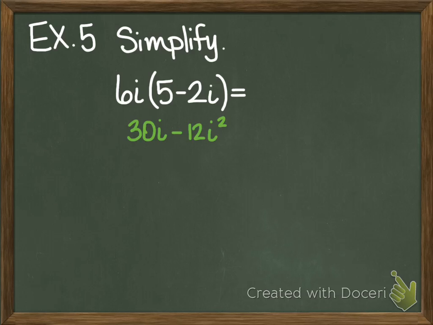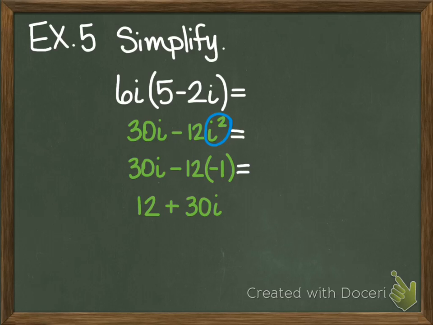Then if there's anything I need to simplify, I go ahead and do that. I notice i squared changes to a negative 1. So that's going to be 30i minus 12 times negative 1, which will change to a positive 12. So that will be 12 plus 30i is what it simplifies to. Remember, your real number goes first, then the imaginary number.